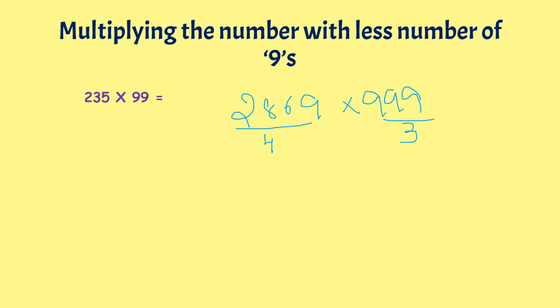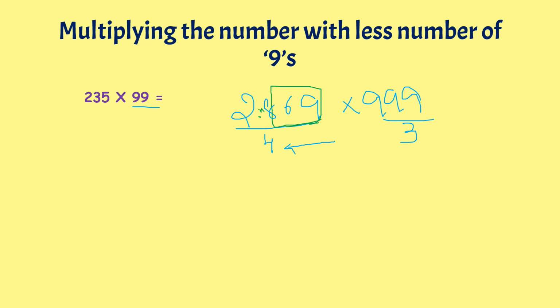So what we have to do, like previously, is mark a colon before 3 digits from the right. In our previous case, we marked the colon before 2 digits because there were only 2 nines, but here we are marking the colon before 3 digits from the right.